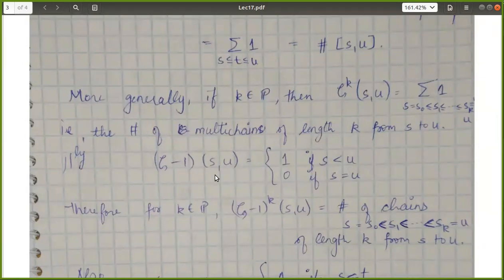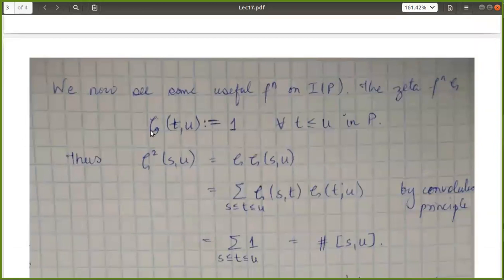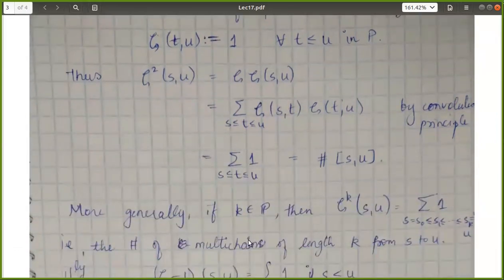Okay, if you do the same thing for zeta minus 1 raised to k, what would happen? So you saw that zeta was 1 only when S is less than or equal to U, and zeta raised to k turned out to be the number of multichains of length k from S to U, which had S and U inclusive.